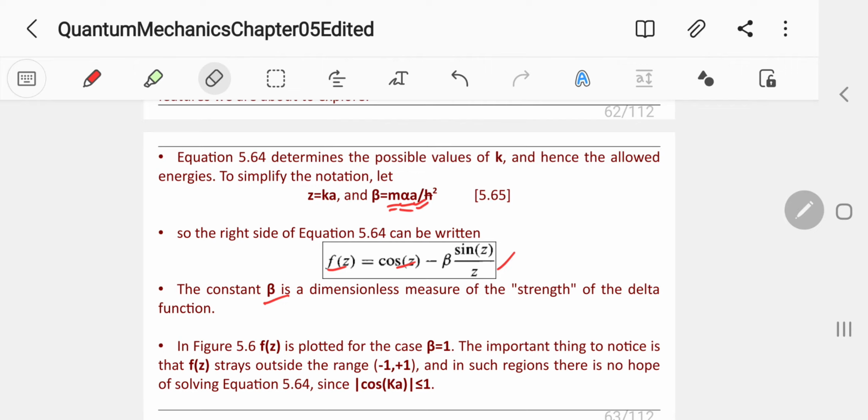So in that figure, F(z) will have a value greater than 1 and even less than -1.